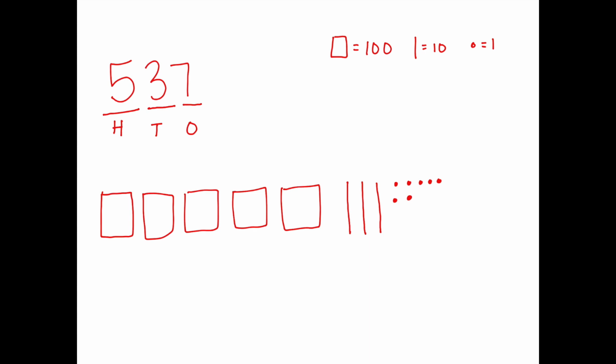Okay, awesome. Let's do one more where we're given the number first and we have to draw a picture to match. So let's say that I have the number 192. So think, how many hundreds do I have? I have 1, so I'll need 1 square.